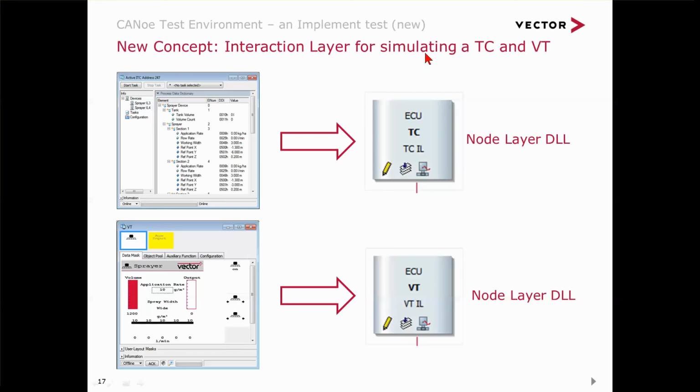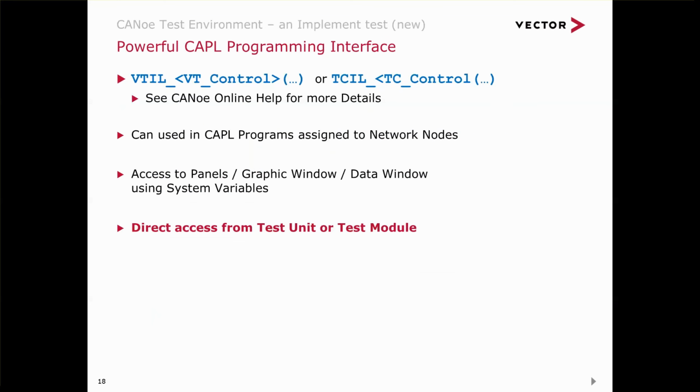We have an interaction layer for a task controller, and an interaction layer for the virtual terminal. We can integrate that in our simulation setup, and then we have a CAPL interface. This CAPL interface can be steered from all modules and especially from the test units and the test modules. We have access to panels, graphic window, and so on.